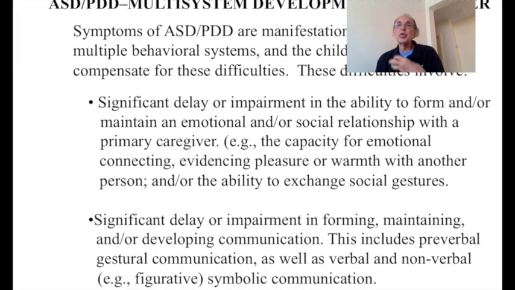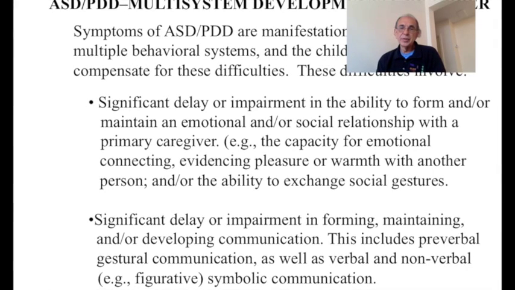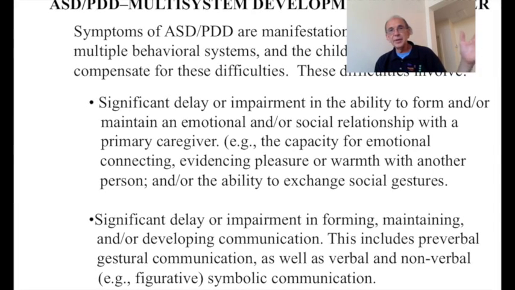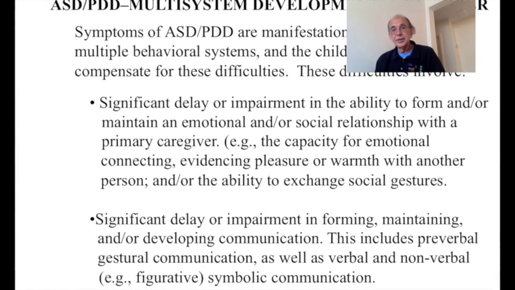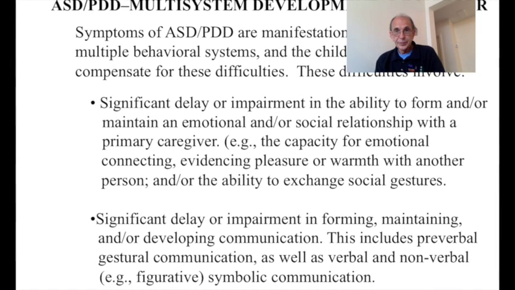That is, the child is trying to accomplish something for him or herself because there is a problem in one or a number of behavioral systems, and the child is trying to do something about it.